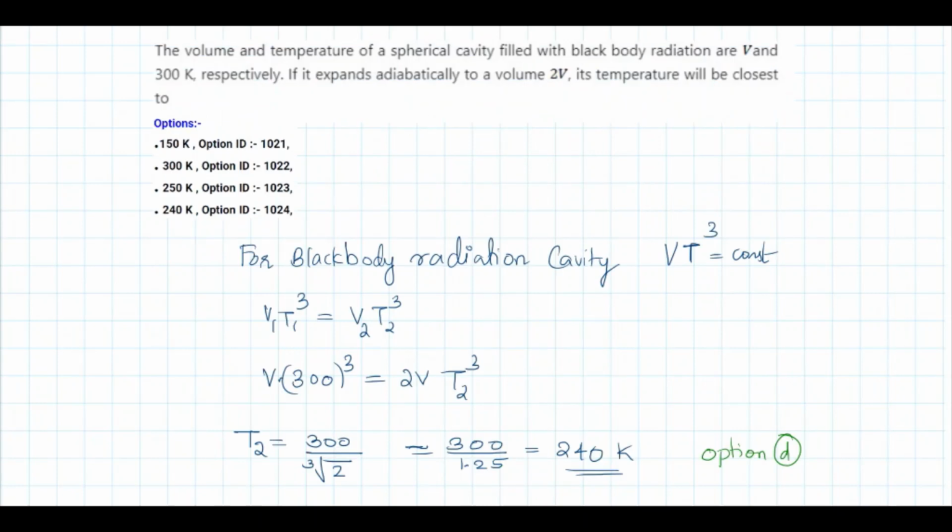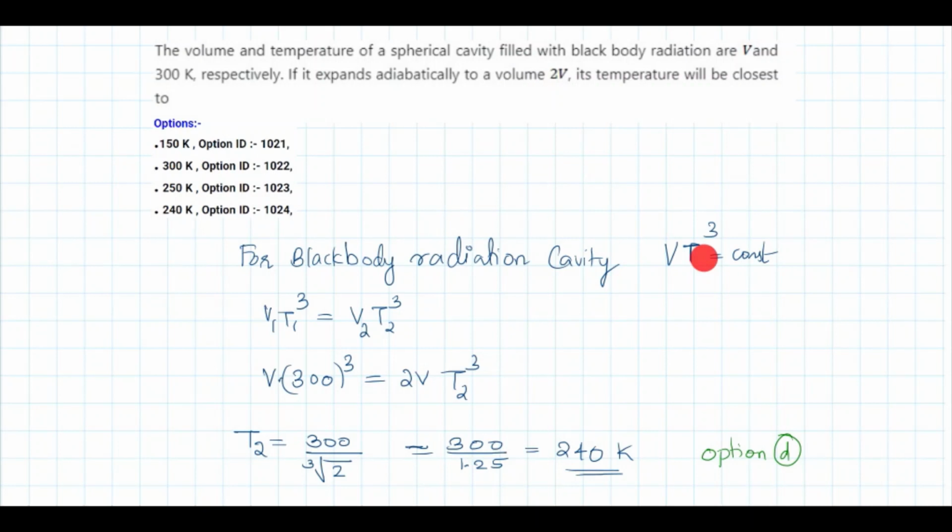Coming to the next question. The volume and temperature of a spherical cavity filled with black body radiation are V and 300 Kelvin respectively. If it expands adiabatically to a volume 2V, its temperature will be closest to?